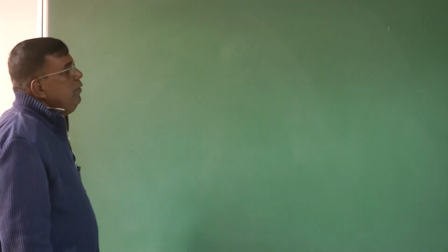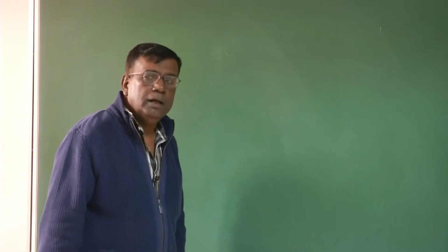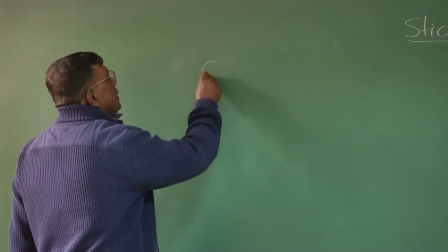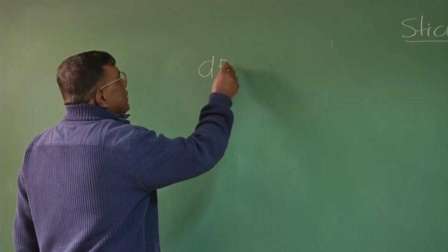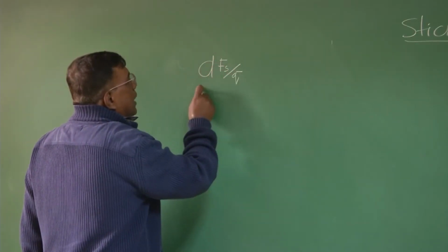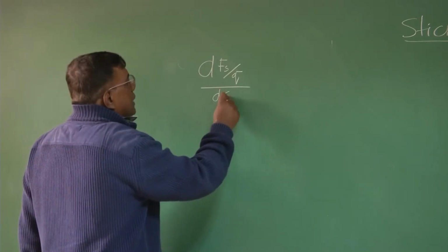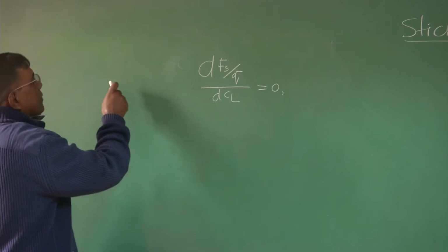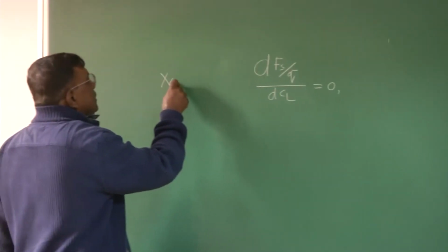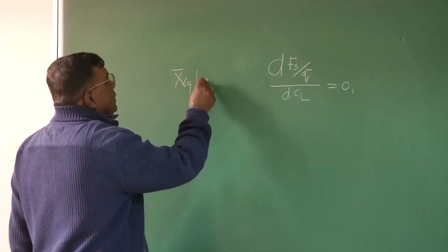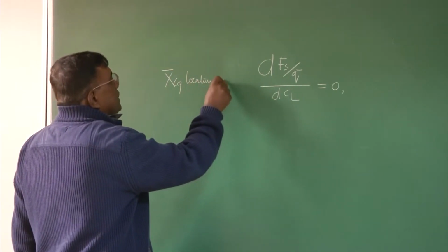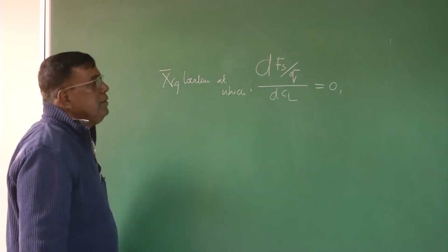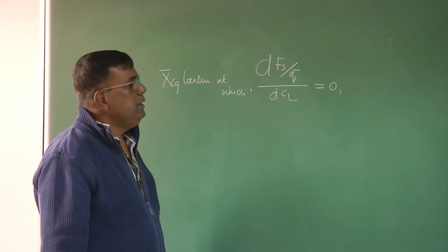So now the question is, we want to find out the stick-free neutral point through the experiment. If you see the expression for stick force, you have to again refer to my lectures or any textbook. From there you can easily see that dFs/dCl, where q bar is the dynamic pressure, equal to 0, and the stick-free neutral point is defined as the xCG location at which d(Fs/q bar)/dCl is equal to 0.